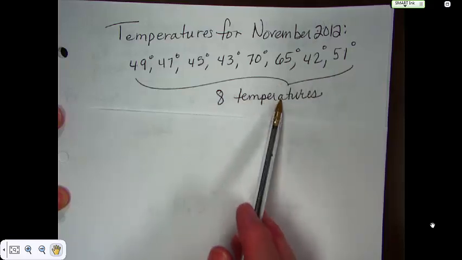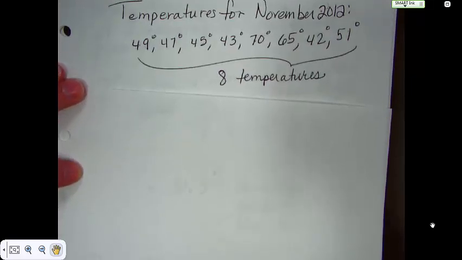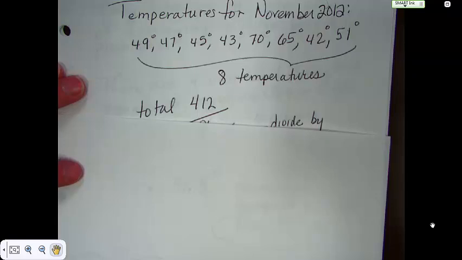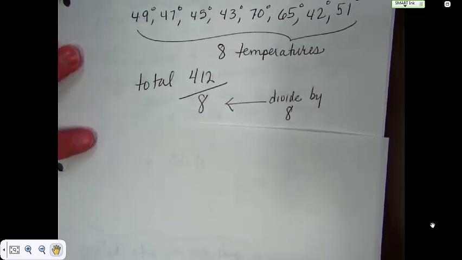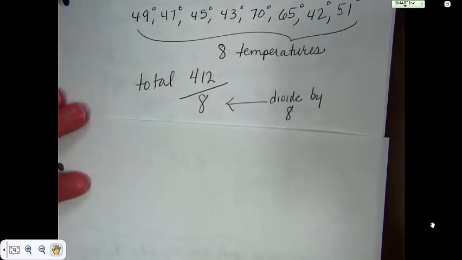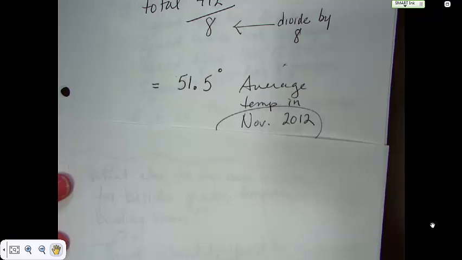There were 8 temperatures that I wrote down. So what we would have to do, of course, first step, add them all together. And when we do that, we get 412. That's our first step. The second step is to divide that 412 by 8, because there were 8 temperatures. When we do that, we get an average temperature of 51.5.